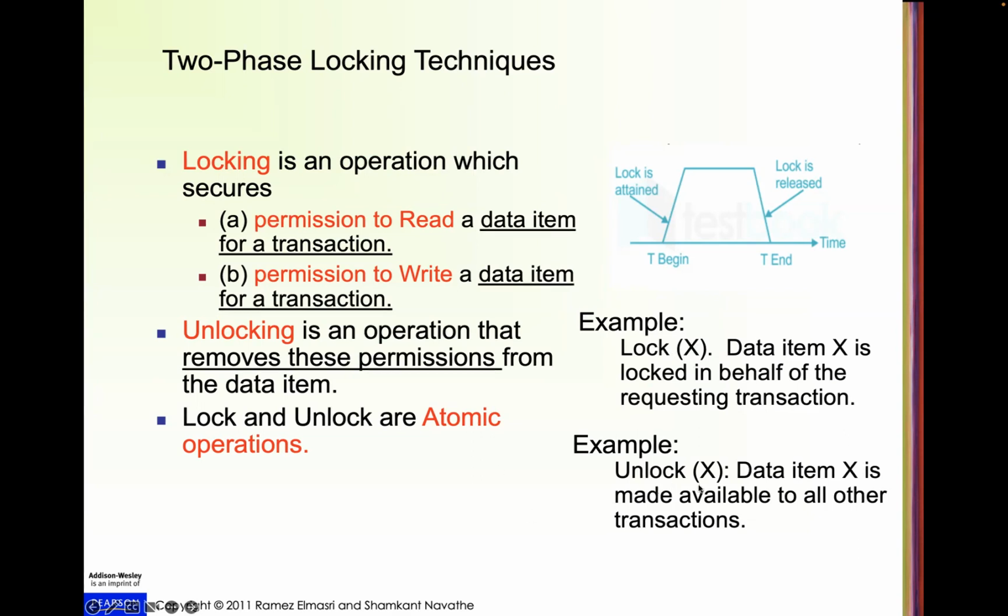Second example, unlocking X. Why do we unlock X? After T1 has finished performing on data item X, the lock has to be removed so that X becomes available to the other transactions. So unlocking X is an operation where data item X is made available to all other transactions.